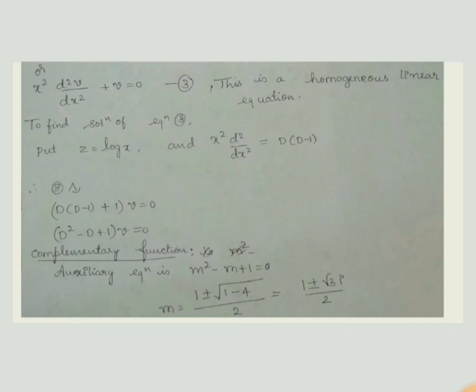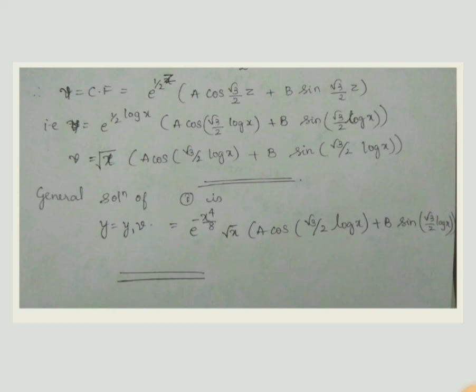After simplification we will obtain here 1 plus or minus root 3i by 2, that is the root now. v is equal to the complementary function itself only because RHS is 0 here. There is a homogeneous equation. That's why it has no particular integral. Try to remember this one.